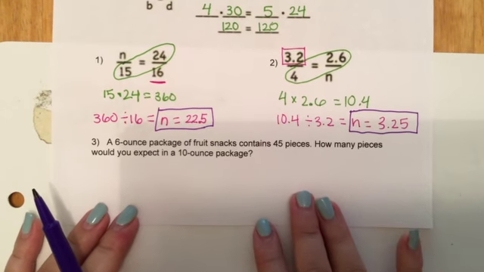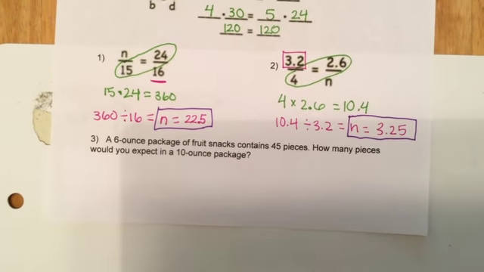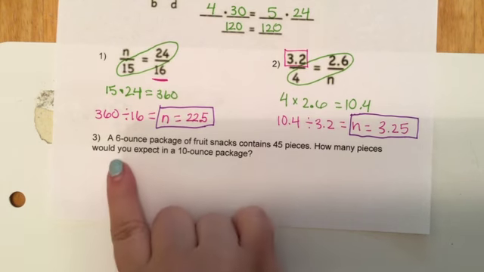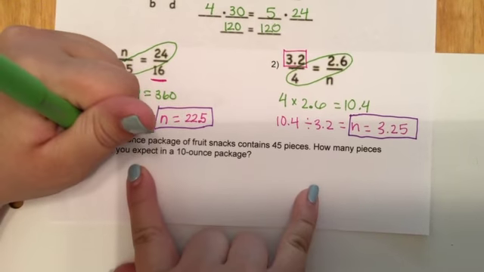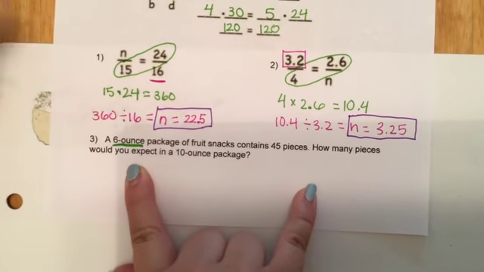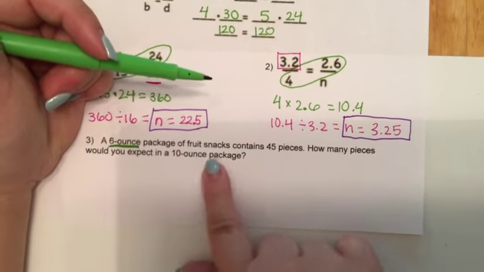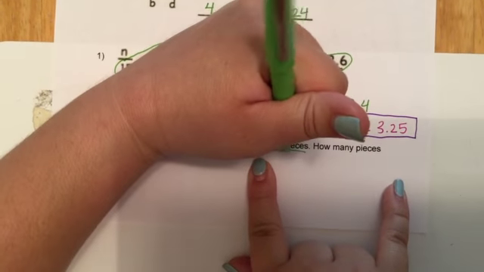The last one is a word problem that we're going to use a proportion to solve. It says a 6-ounce package. I'm going to underline 6 ounce because that's an important unit. A 6-ounce package of fruit snacks contains 45 pieces.